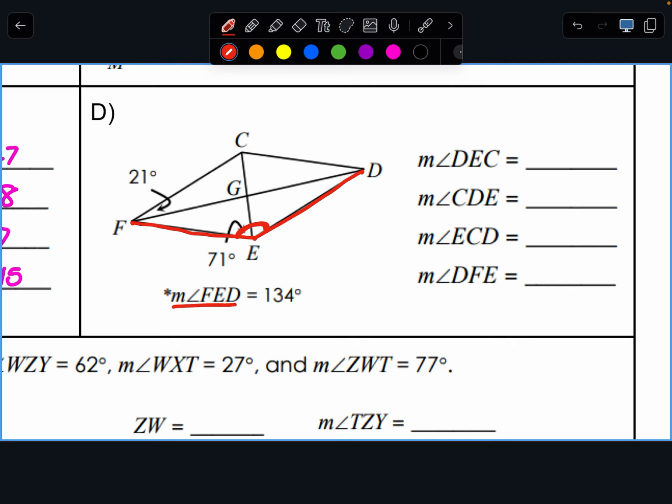So then FCD is also 134. How much is EDC? These two together have to equal 180. So this is 180 minus 134, which is 46 degrees.